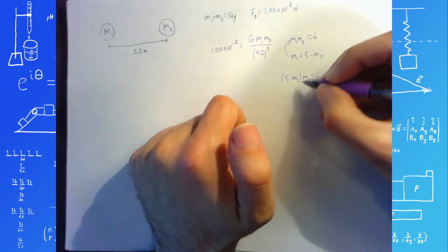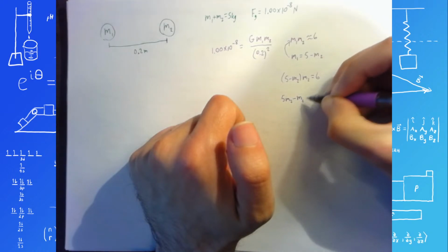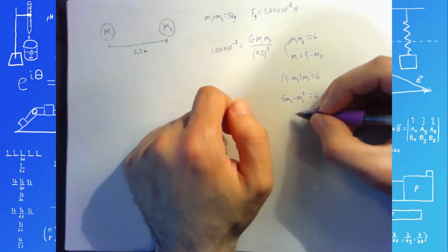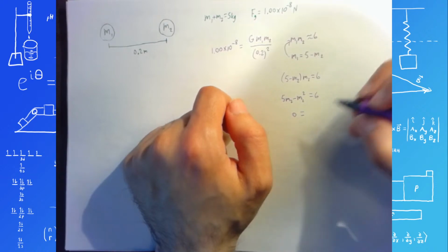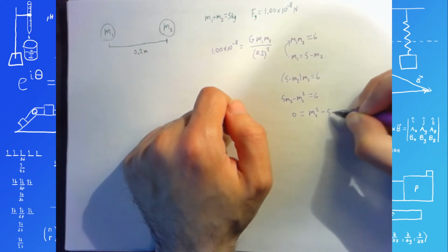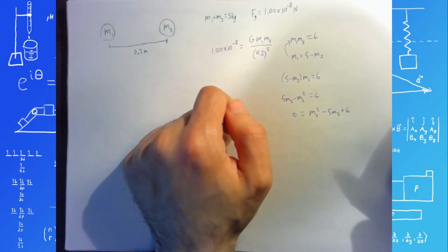If I distribute, then I get 5m2 minus m2 squared equals 6. If I move everything to the left-hand side, then I get 0 equals m2 squared minus 5m2 plus 6.